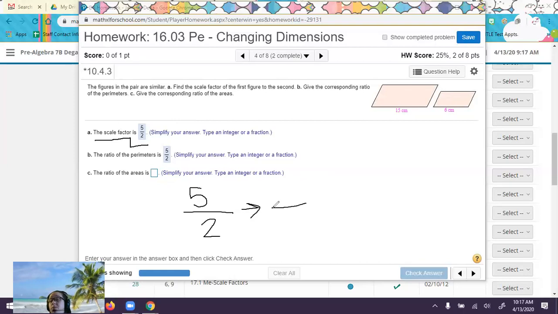You have to square it, right? That's all you do. The ratio means how the perimeters compare. The perimeter of the big one is 5 for every 2 centimeters of the small one. So if I want to get to the areas, I'm just going to square it. You'll be left with 25 to 4. That's all.